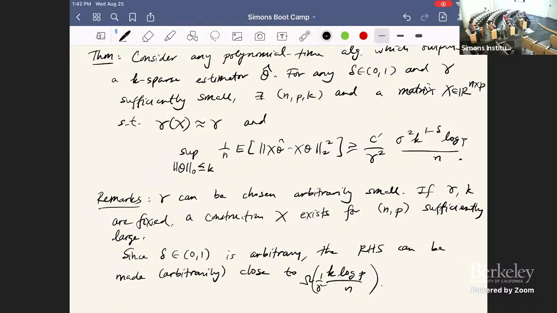I believe it's still totally open whether there exists an estimator theta hat, without the restriction that it's k-sparse, that achieves a good rate. I was reading up on this last week and saw a follow-up paper from a year or two later. I can't remember who the authors were, but they were studying that problem. I don't really know what the conclusion was. But at least as of the time of this paper, it was certainly a restriction. I think there was at least one paper that attempted to relax that.